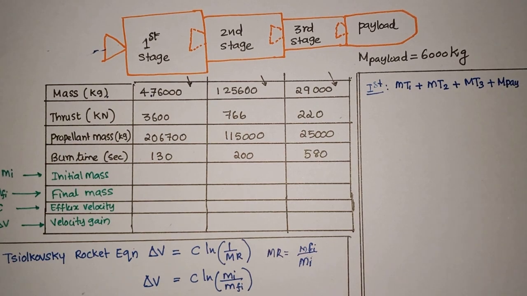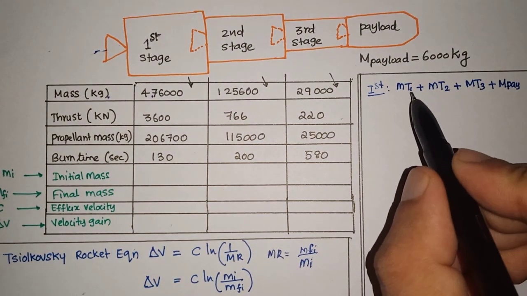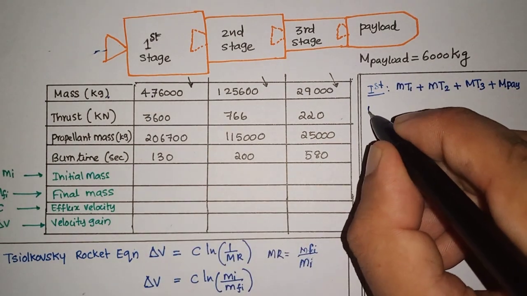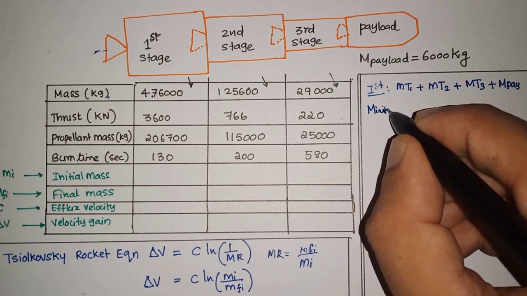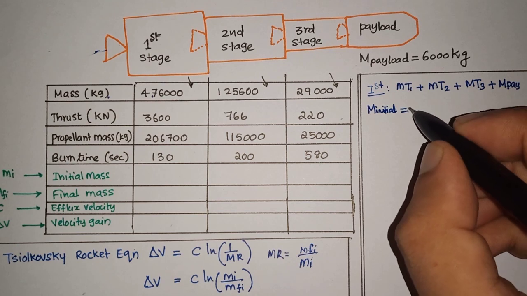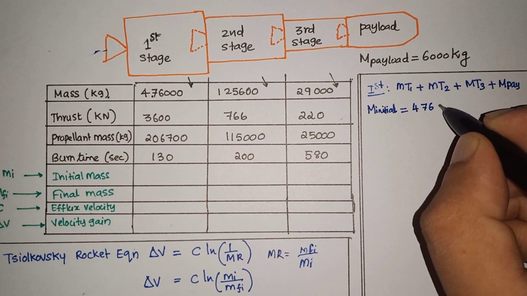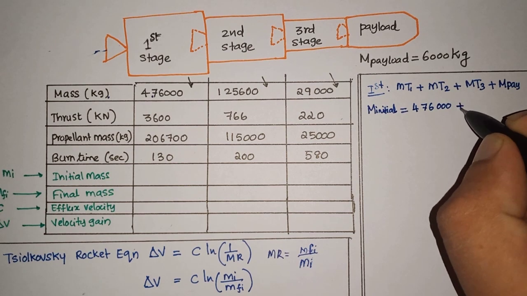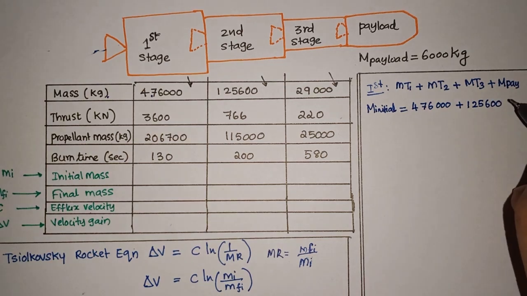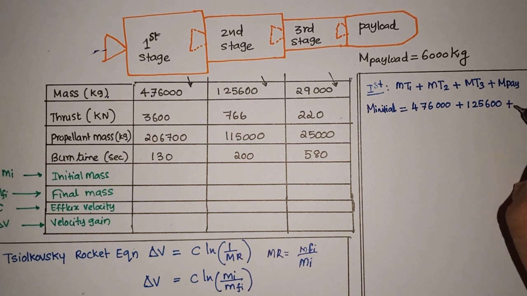Now if you see here, your first stage is going to have some values over here. You have your m initial. Your m initial, or mi also you can write, it's up to you. So mi or m initial is given by 476,000 plus 125,600. So I want all of your attention to be here. We don't want any sort of confusion here.